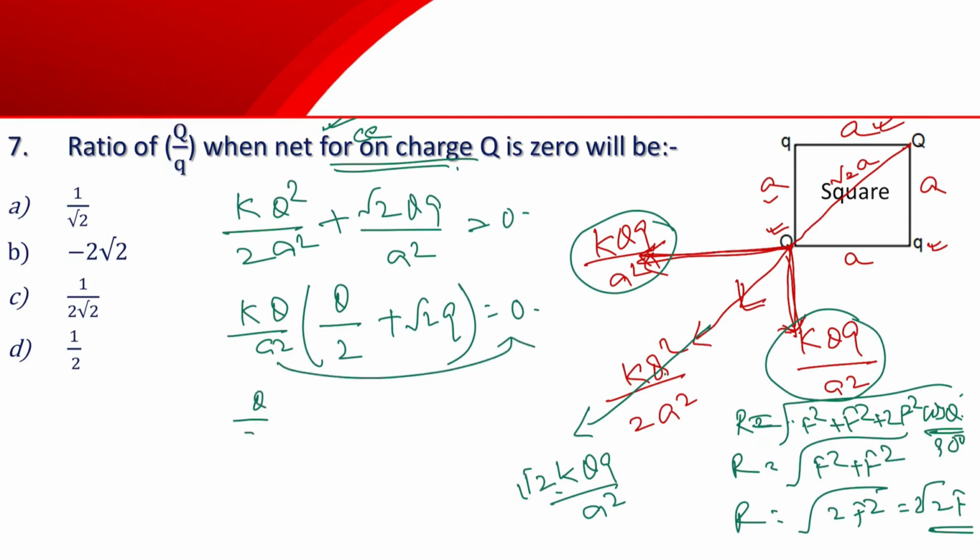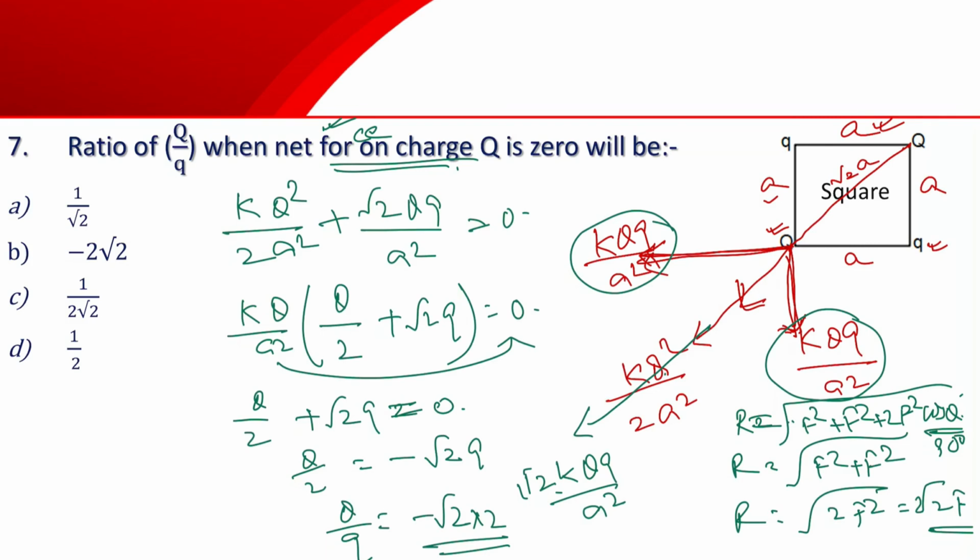Okay, if you take this to this side, then we can write q by 2 plus root 2q equals to 0. Then from there we can write q by 2 equals to minus root 2q. Okay, then q by q will be minus root 2 into 2. So this is 2 root 2, minus 2 root 2, it is option B.